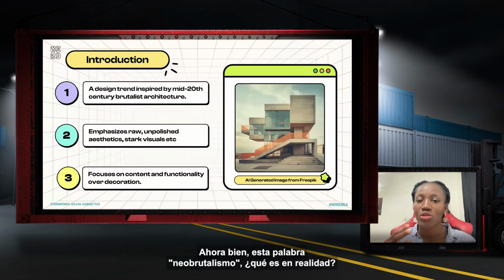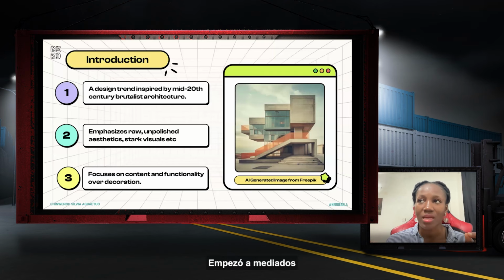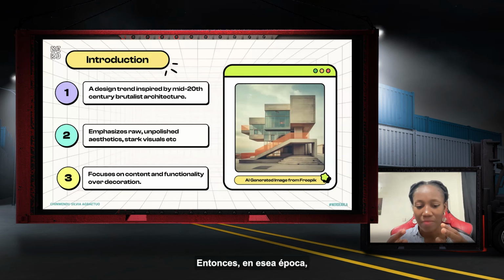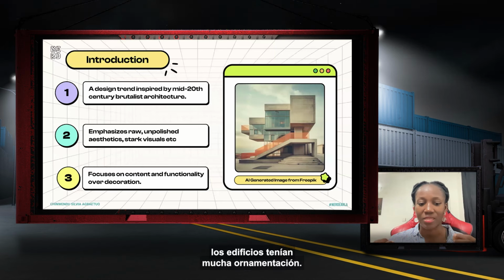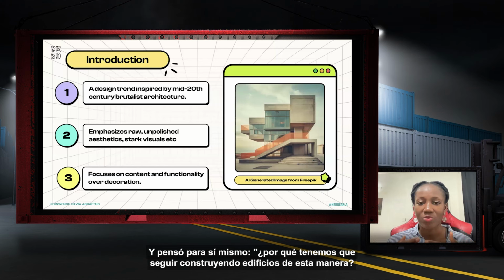Now, this word neobrutalism, what is it actually? It started in the mid 20th century by someone called Le Corbusier. At that time, buildings had a lot of ornamentation going on, and he thought to himself, why do we have to keep making buildings this way?